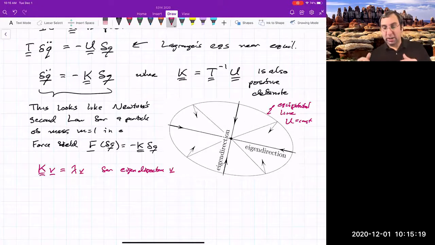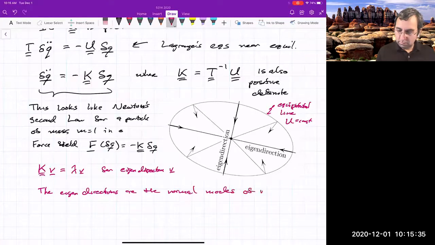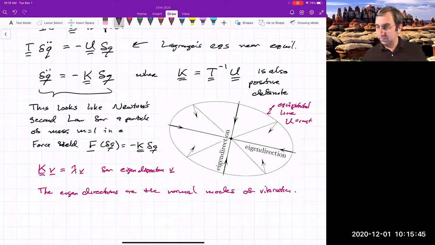And those eigendirections are the normal modes of vibration. All right. So that's just another take on things.